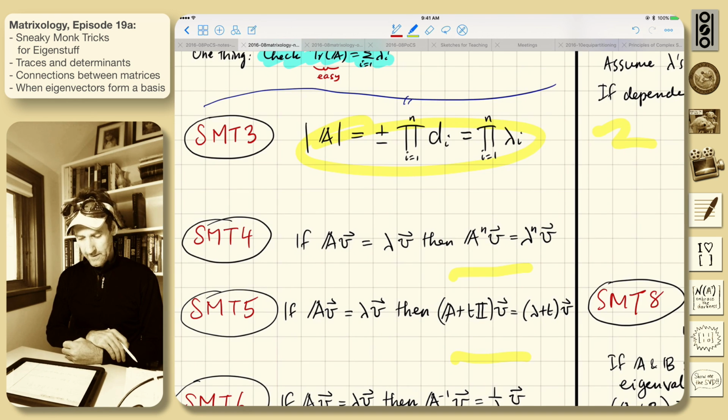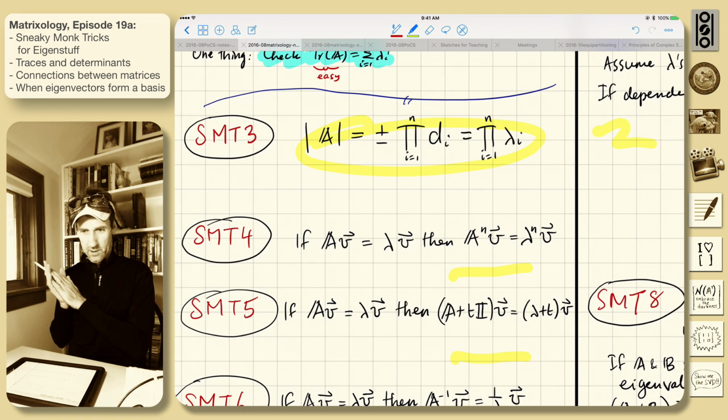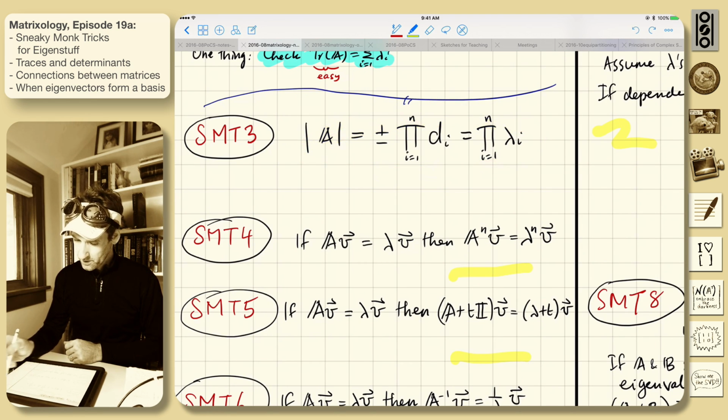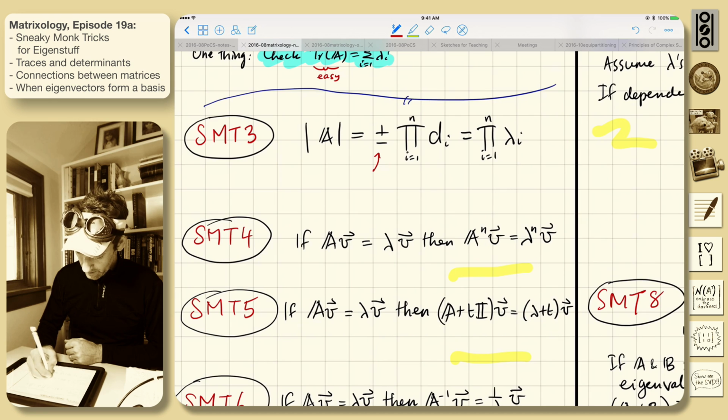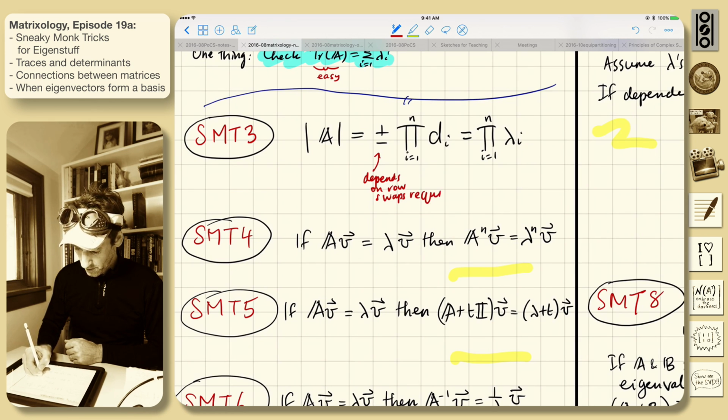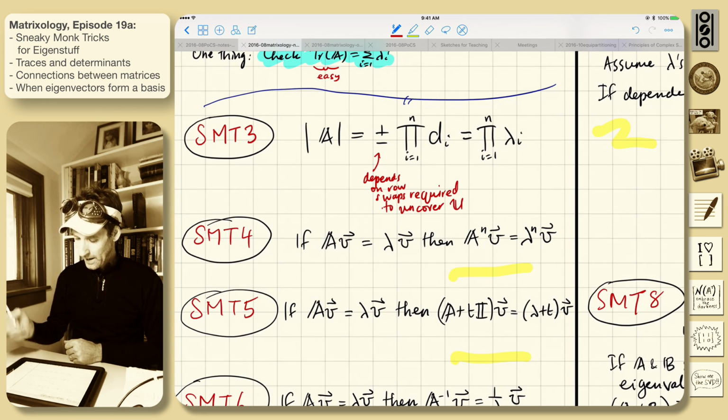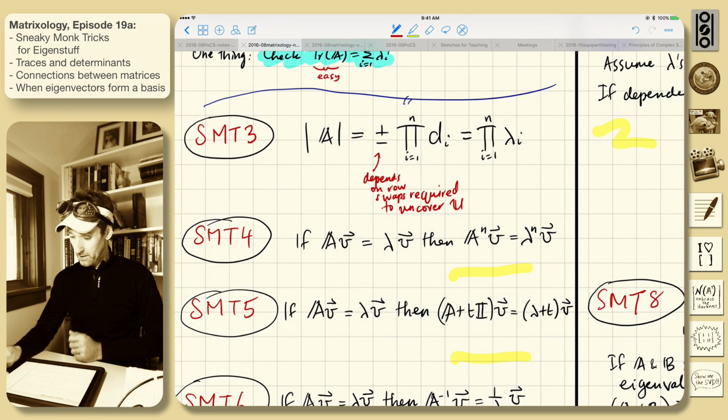So yes, the determinant is the product of the pivots with a plus or minus depending on row swaps required to uncover U. And there's no plus or minus here for the eigenvalues. Good.